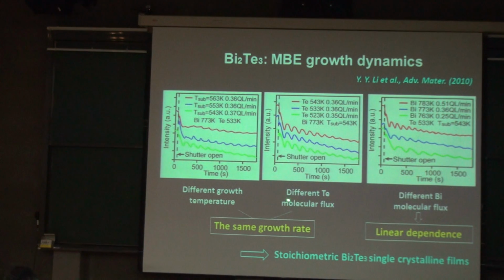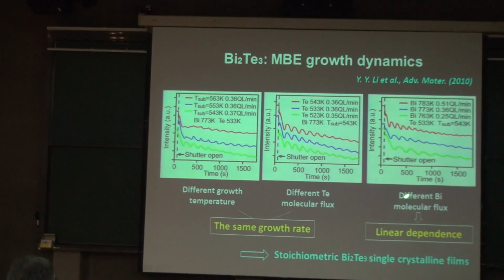But in this case, you see the separation between the peaks in all three cases is the same. So this indicates the growth rate is independent of the tellurium flux. This is extremely important if we want to do the MBE growth. So this is the second experiment.